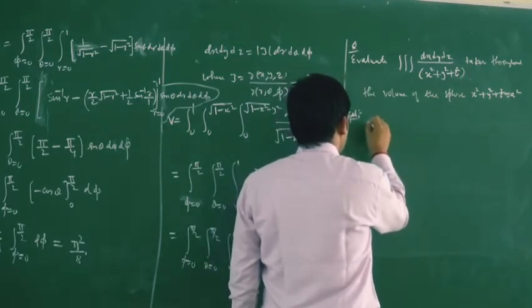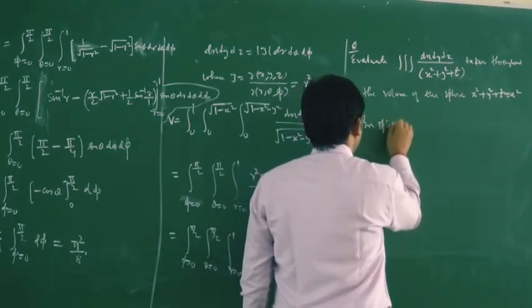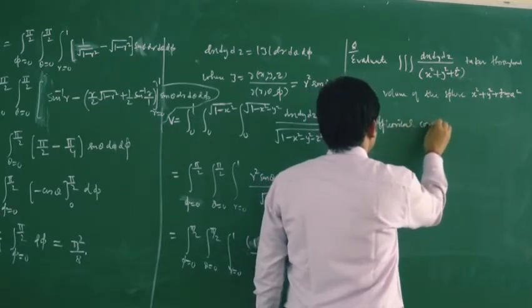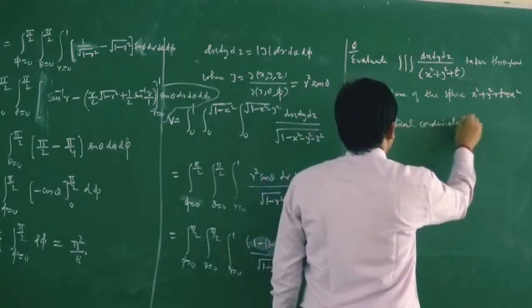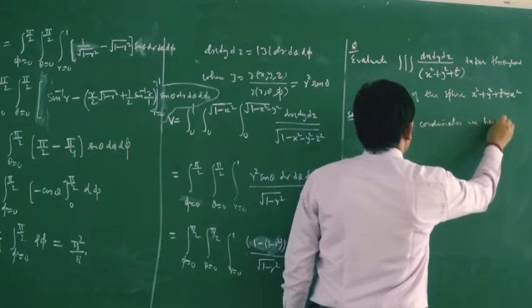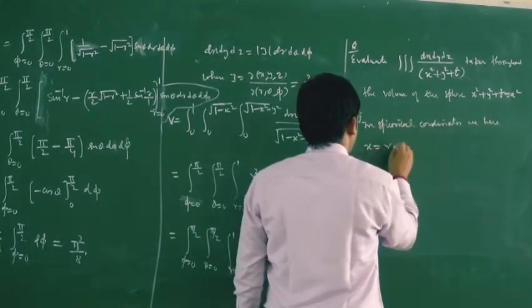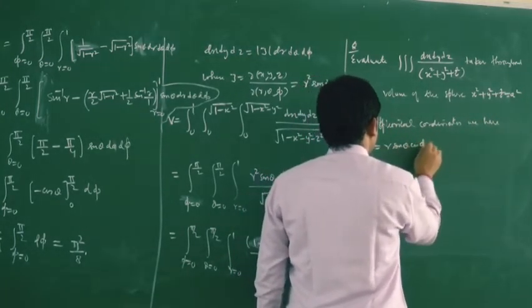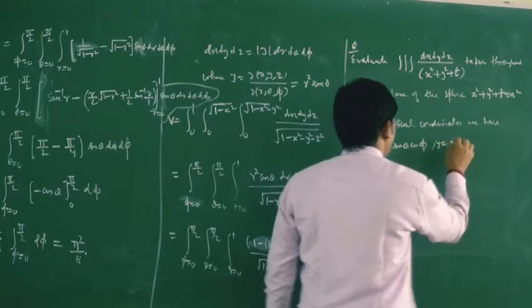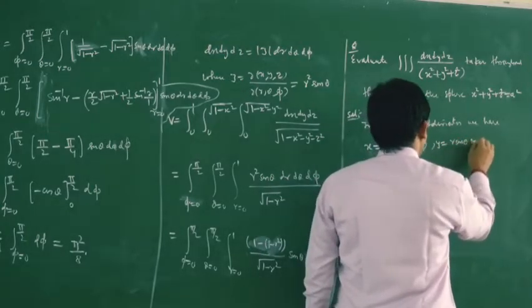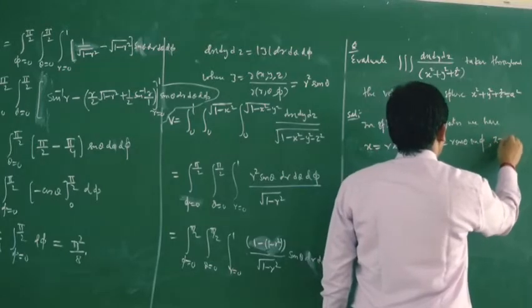So in spherical coordinates, we have x equal to r sin theta cos phi, y equal to r sin theta sin phi, and z equal to r cos theta.